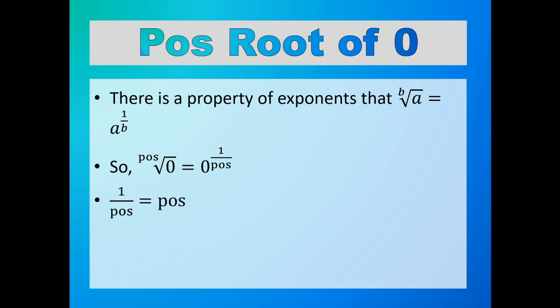Now 1 divided by positive is equal to a positive number. So the positive root of 0 is equal to 0 to a positive number. So the positive root of 0 is equal to 0, as we explained earlier in this set of videos, that 0 to a positive number is equal to 0.